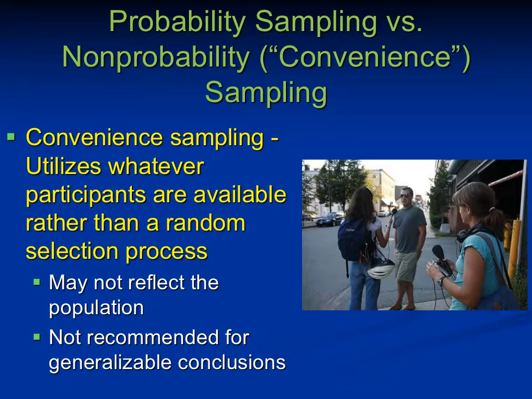Convenience sampling just utilizes whatever participants are available instead of using a random selection process. So it's obvious a convenience sample might not, and almost certainly doesn't, reflect your population. So you're not going to get any validly generalizable conclusions with a convenience sample.